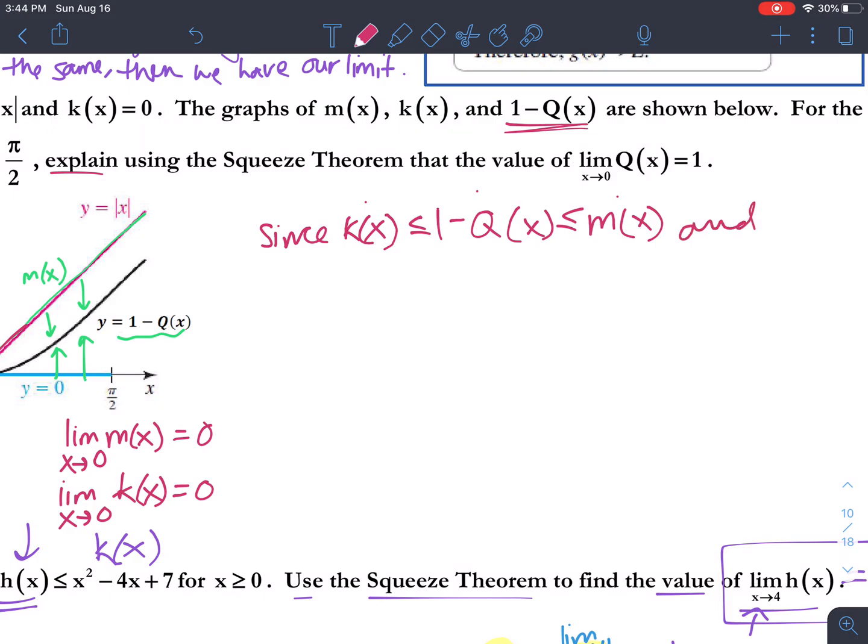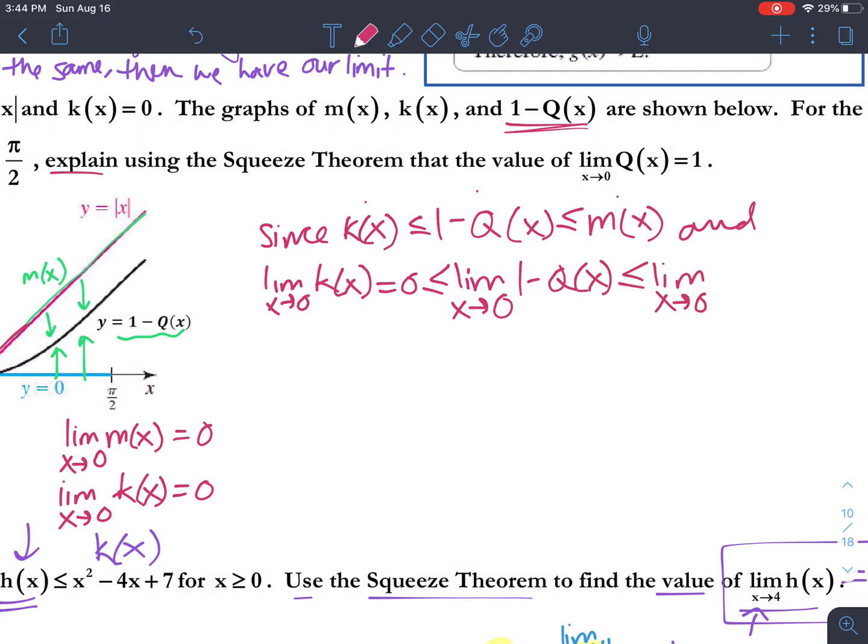And we know, we just wrote this down, the limit as x approaches 0 of k of x is 0, which must mean that it's less than or equal to the limit of 1 minus q of x, which is less than or equal to the limit as x approaches 0 of m of x, which is also 0. So again, notice 0 is less than or equal to the limit, which is less than or equal to 0.